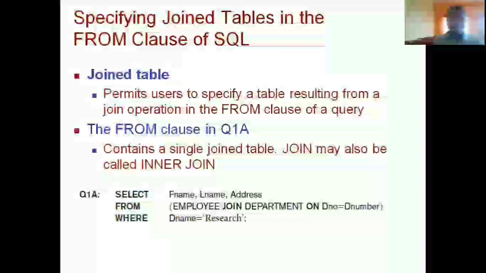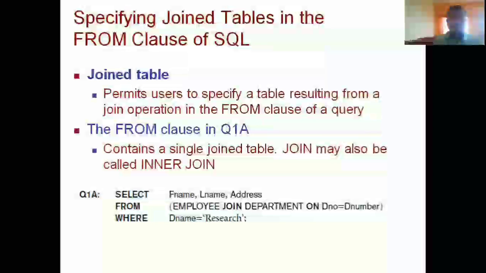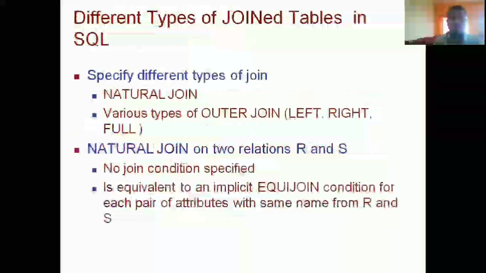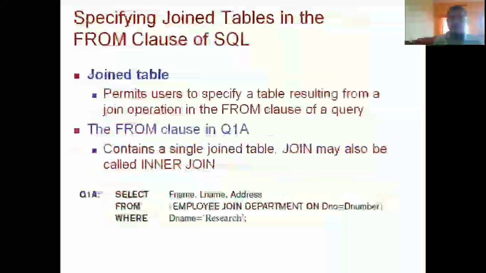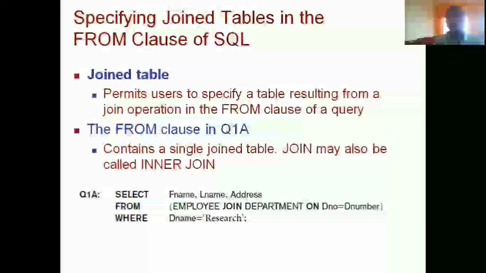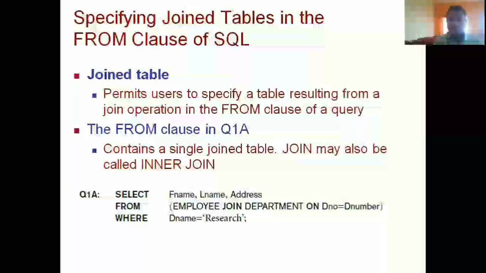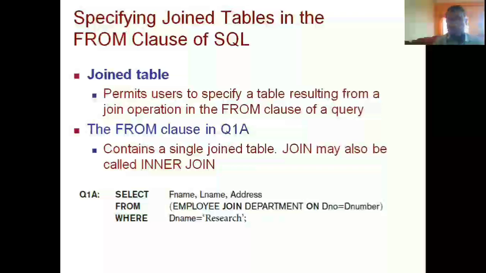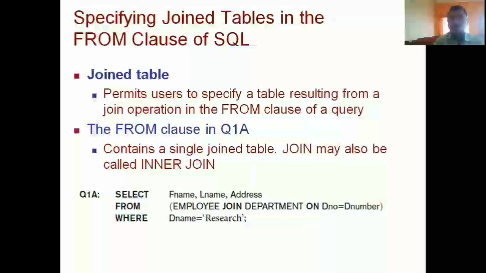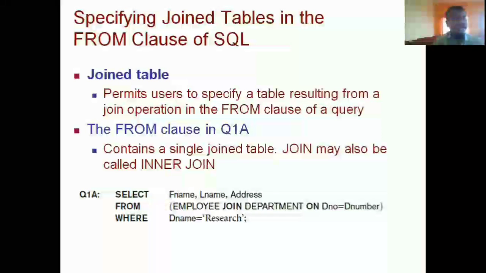Joined tables: specifying the joined tables in the FROM clause. This means the relation attributes can be joined. It permits users to specify a table resulting from a join operation in the FROM clause of a query.